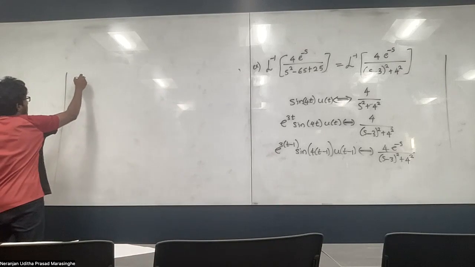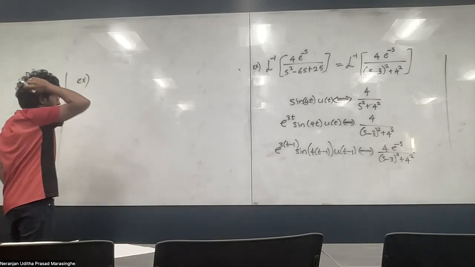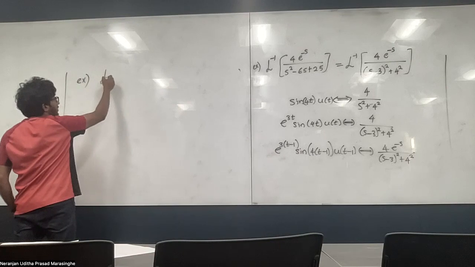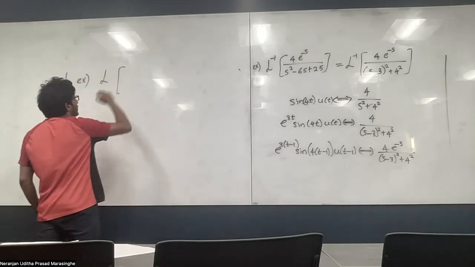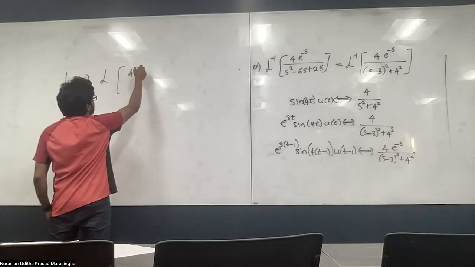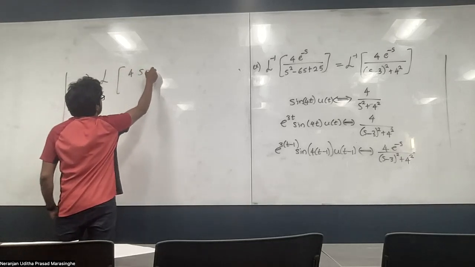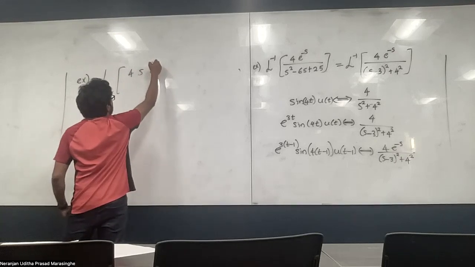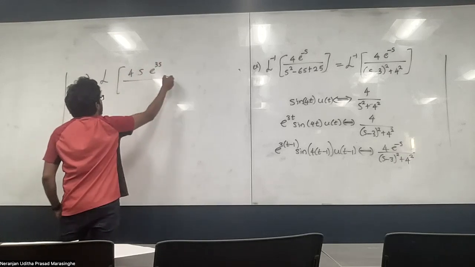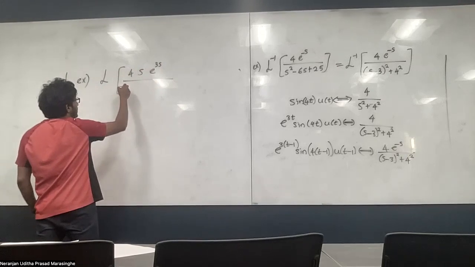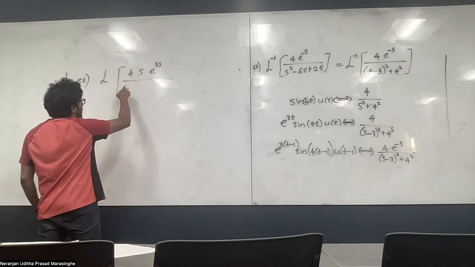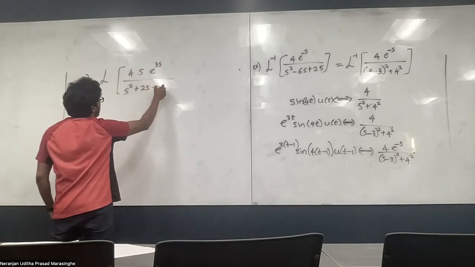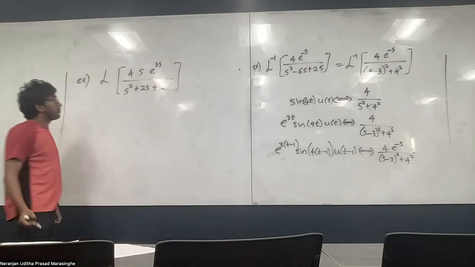So let's think about this function: the inverse Laplace of 4 times s e to the 3s divided by s squared plus 2s.